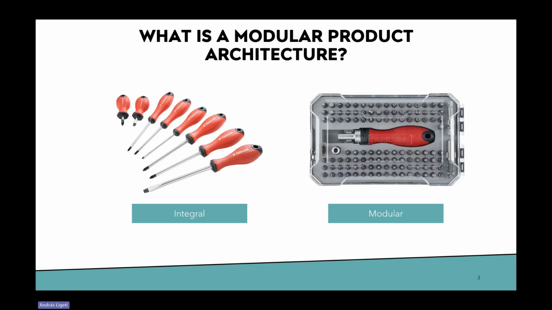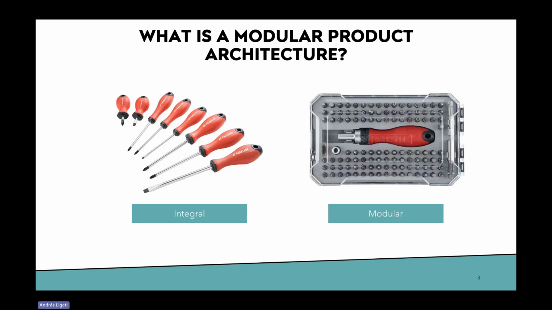And if you have a modular product, then one component can have multiple functions. In this case, for example, the handle can have multiple functions because it can drive different kinds of screws. So both have the same purpose, but their design methodology is completely different. And that's the big difference if you're designing integral or modular.